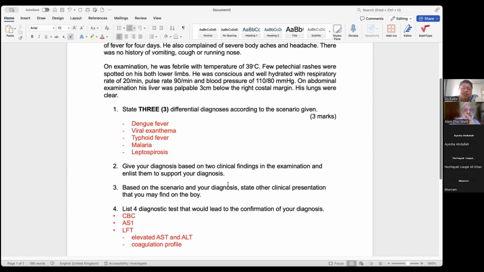Definitely, they will put the number 1 answer based on the clinical findings. Then, based on the scenario and your diagnosis, state the clinical presentation. Question 2 and 3 are both based on your diagnosis and clinical findings. To me, students will be confused with these questions.